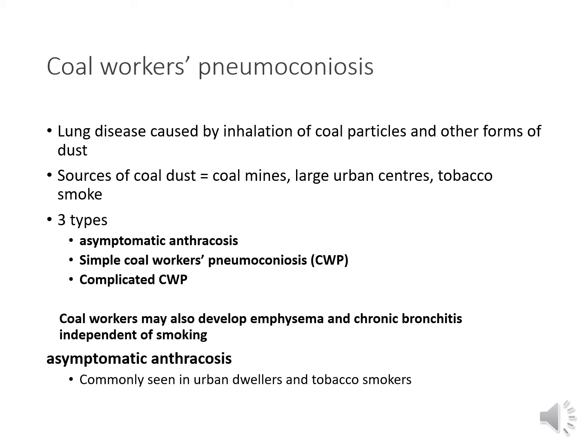There are three types of coal workers pneumoconiosis: asymptomatic anthracosis, simple coal workers pneumoconiosis, and complicated coal workers pneumoconiosis. Coal workers may also develop emphysema and chronic bronchitis independent of smoking. Asymptomatic anthracosis is commonly seen in urban dwellers and tobacco smokers.